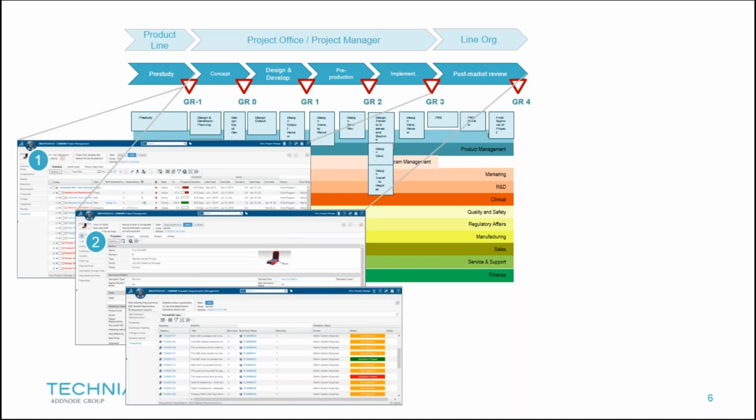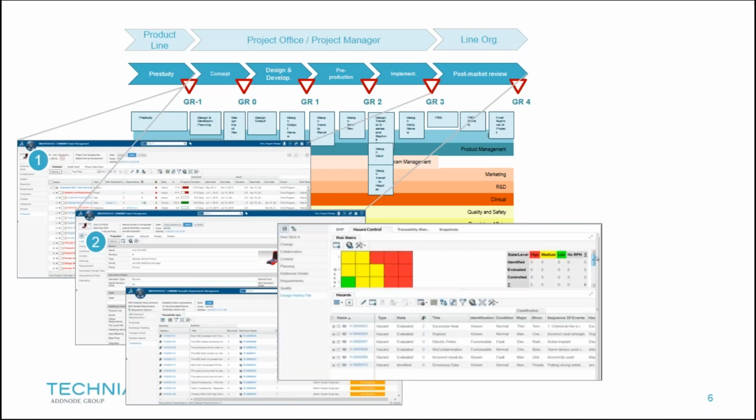And we're doing this for requirements to tests, or we're doing it for quality properties. We're doing this for, as in this case, the product hazards and the product risks.